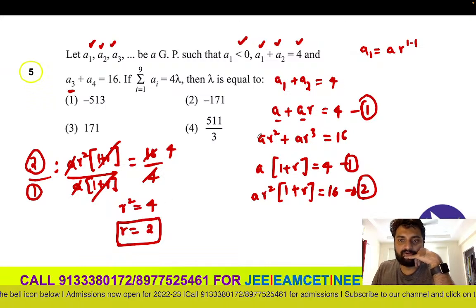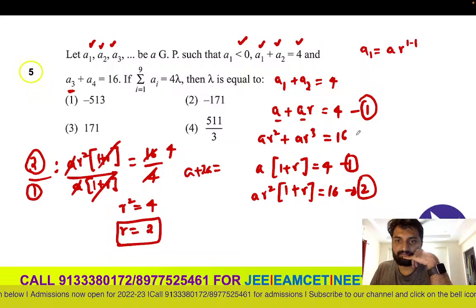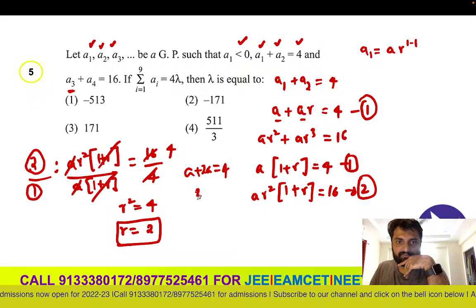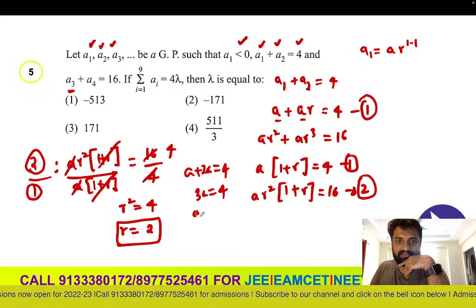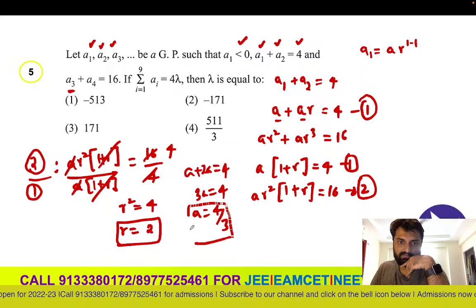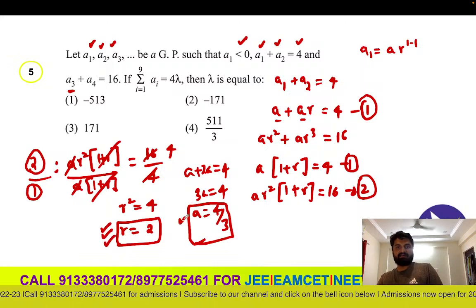So if the r value is 2, what will you get? a plus 2a, substituting in the first equation, is equal to 4. 3a is 4, so the a value will be 4 by 3. So the r value we got is 2, and the a value is 4 by 3.